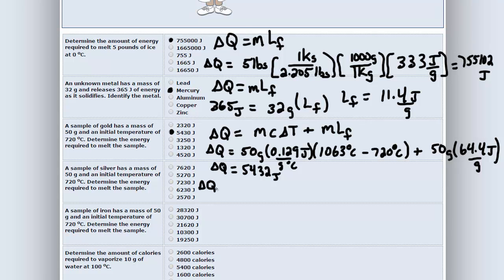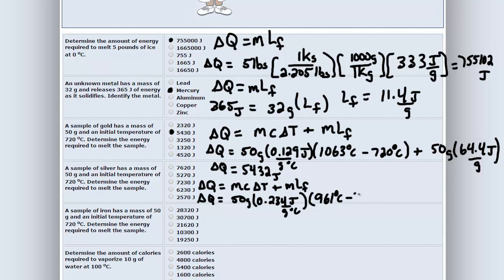So we're going to have delta Q equals mc delta T plus mL sub F. Our delta Q is going to be our 50 grams, but now we need the specific heat of silver, which is 0.234 joules per gram degree Celsius. The final temperature, we need to know the melting point of silver, which is 961 degrees Celsius, and you find this on that data table that I provided for you.